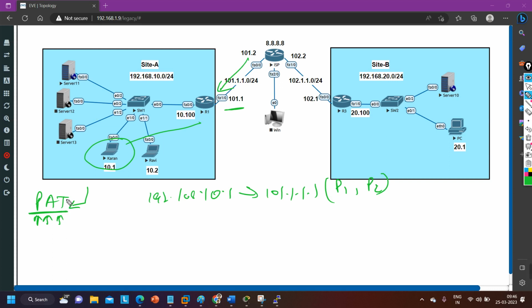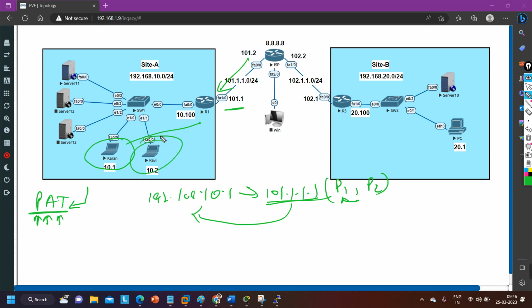Now PAT is going to perform translation on the basis of port number. So if the destination port is P1, this router will come to know that it needs to translate this public IP address into this private IP address.